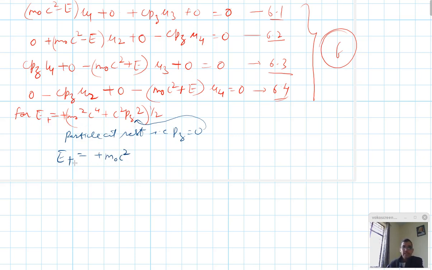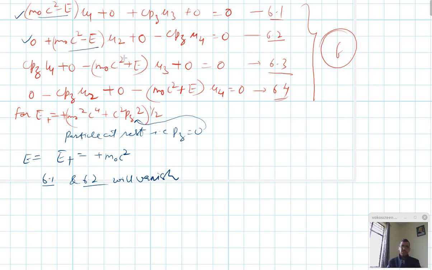And if I put the value of E equal to E plus, m₀c², then these two equations will vanish, right? These two equations, 6.1 and 6.2, will vanish, because in place of E we are putting E plus, which is equal to m₀c². So this will be 0 and this will be 0.